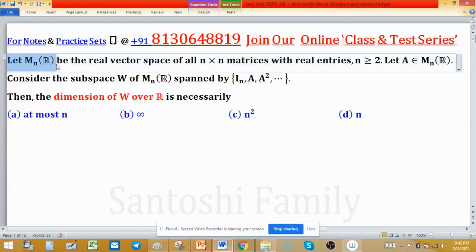Let M n(R) be the real vector space of all n by n matrices with real entries, n greater than 2. Let A belong to M n(R).